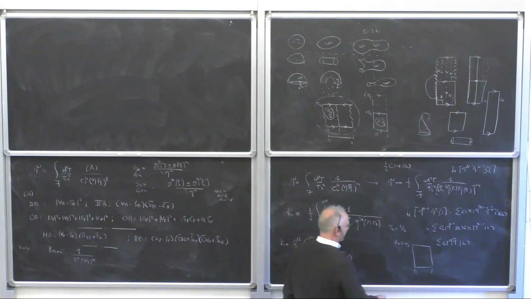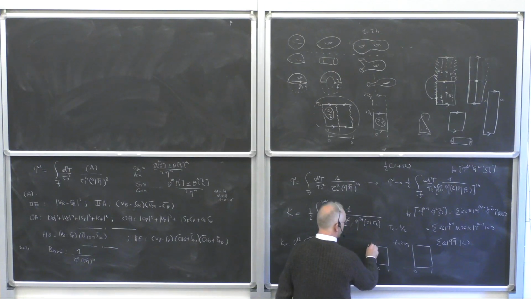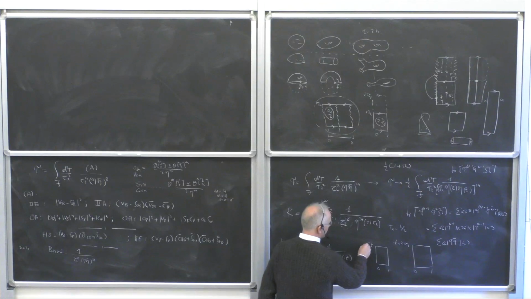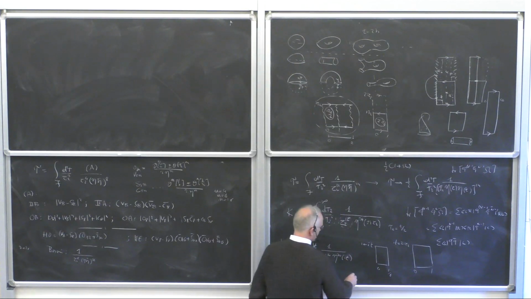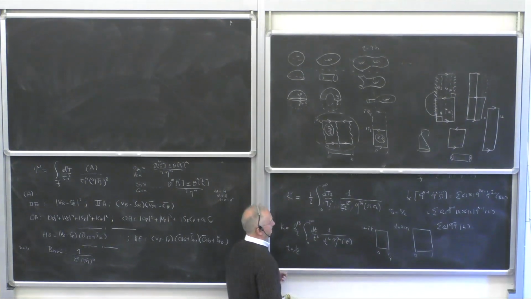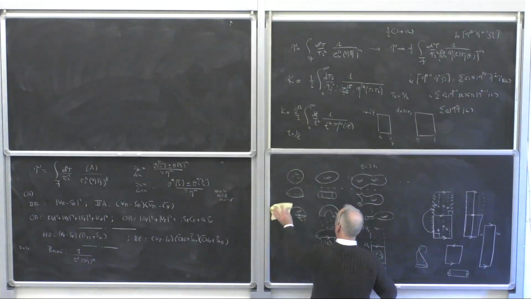So now I have this strip here, 0, 1, it. Now let me change coordinates, and I make this guy here 1 and this guy 1 over t. Or if you want, I let t equal 1 over L. Now to compute what happens, we have to do it by the modular transformation.